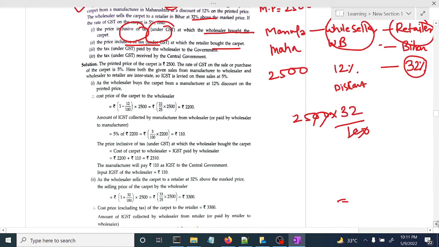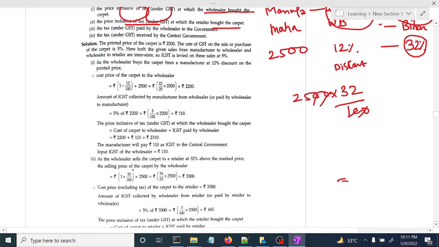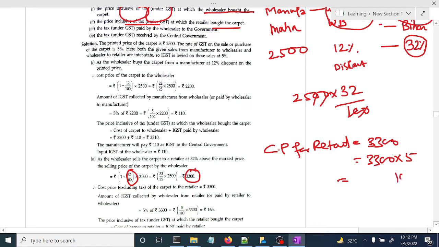So if you see here, 32% profit he is making. So this is the cost price. The cost price for the retailer is 3300, and on 3300 there is a tax of 5%, that is 165.